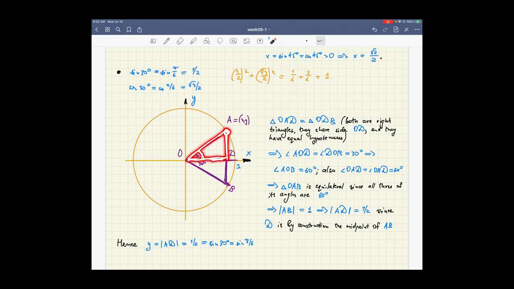That is the definition of sine and cosine. Now we can use the basic trigonometric identity.